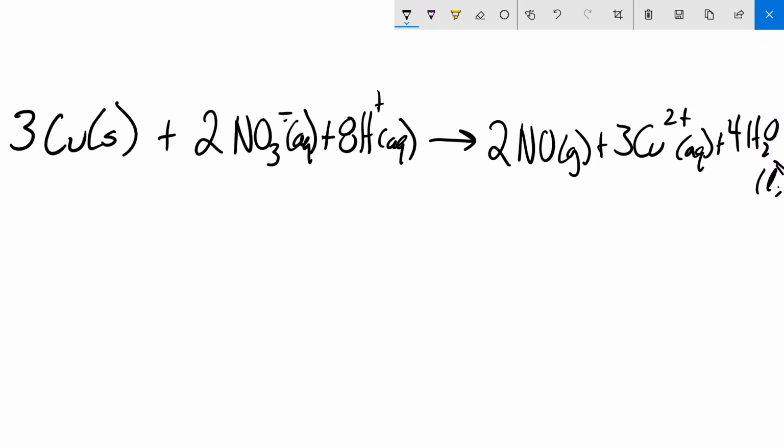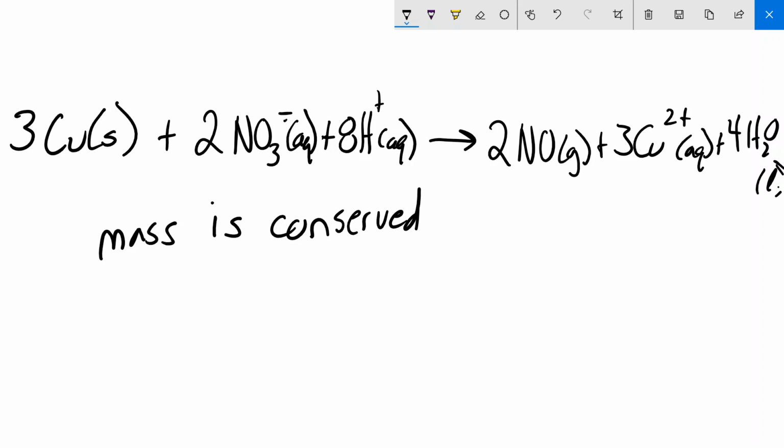Then we've got 2 times 1 is 2, and then 4 times 1 is 4, so 4 plus 2 is 6. So we have 6 oxygens on the product side as well, so far so good. We got 8 H's on the reactant side, and then 4 times 2 is 8 H's on the product side. So far, mass is conserved.